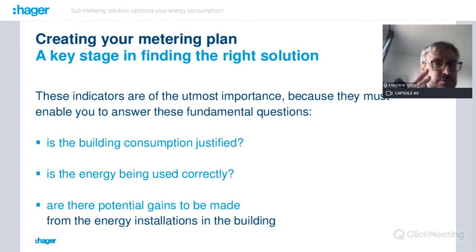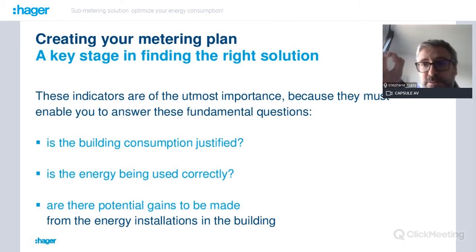So it's important to do this metering plan before putting meters in your installation. And once you have this analyzed, you can say, okay, I want to go more in detail. I want to have a global view with a meter that gives me the global consumption, but then I want to know the consumption of lighting of these offices, or many offices, or one office, and then I will be more precise.